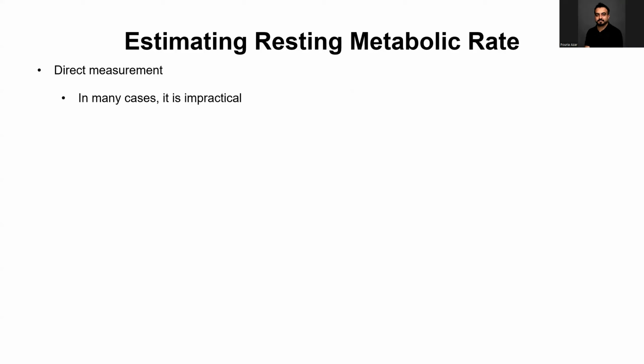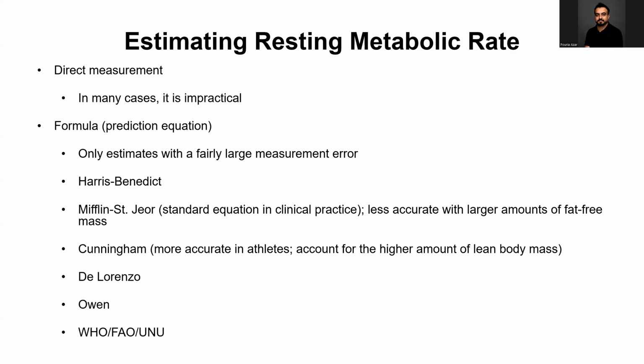That's the direct measurement for resting metabolic rate, which in many cases is impractical because of the costs and it requires high technology. But besides the direct measurement, we have different formulas. These formulas are also called prediction equations. These only estimate with a fairly large measurement error.